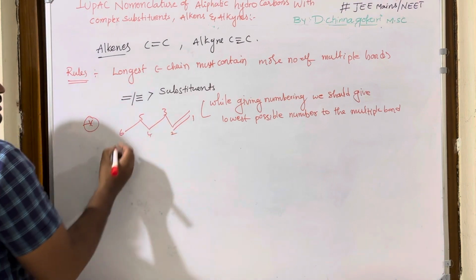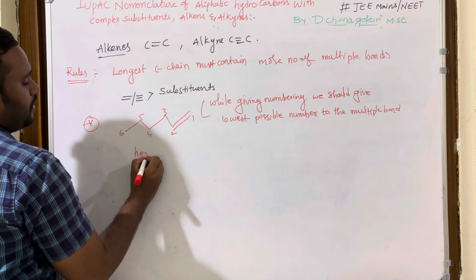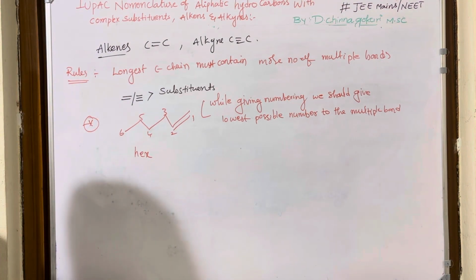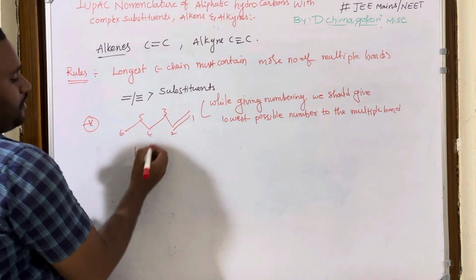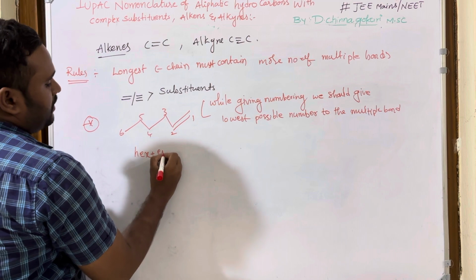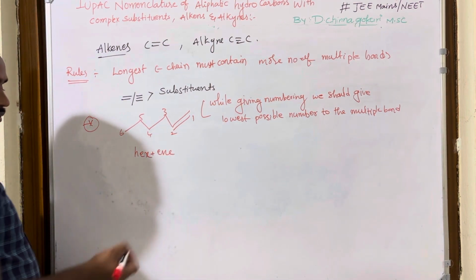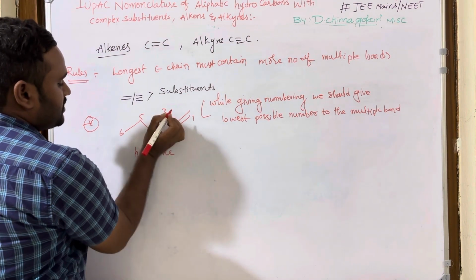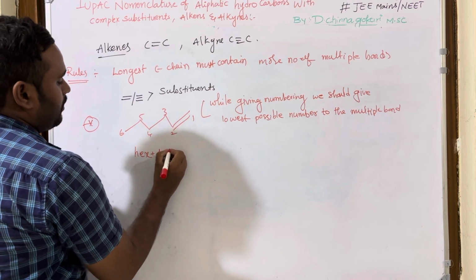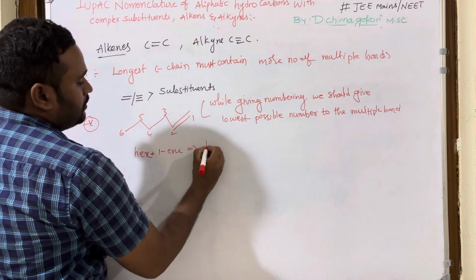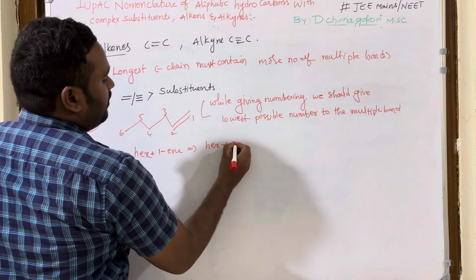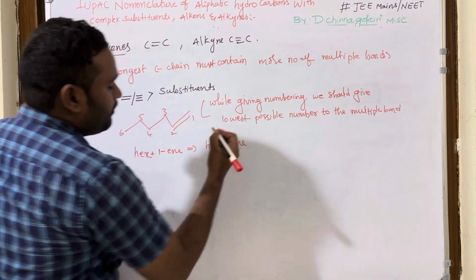Six carbons, hex. The primary suffix is ene, so hex plus ene. What is the position of the double bond? First position, so hex-1-ene.